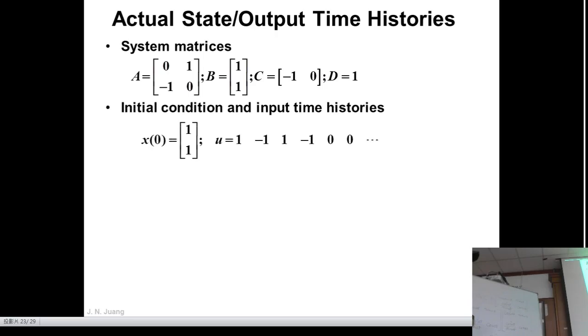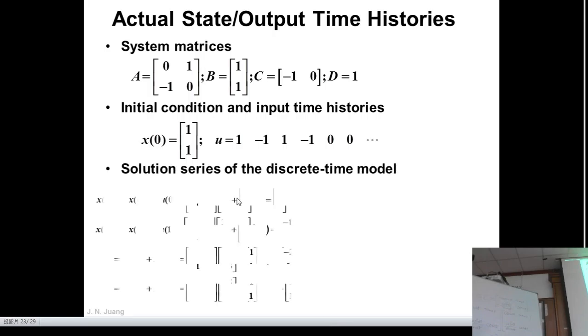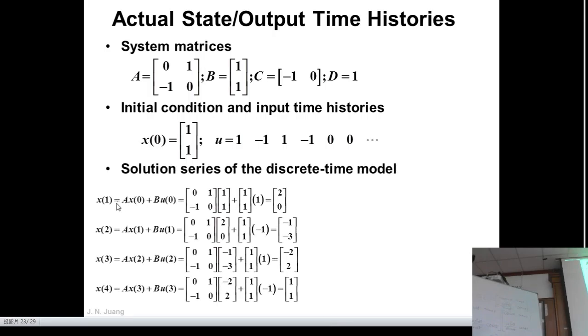Suppose that's my system, and this is all my state. I'm talking about my time history. This is my true state.